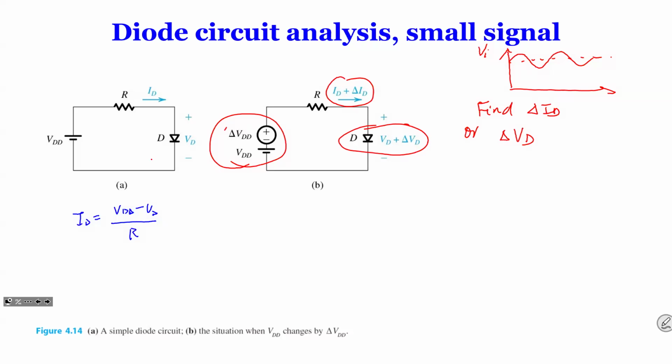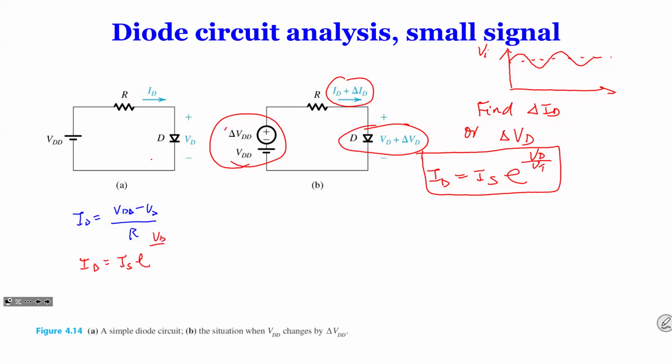You remember the diode model: we have ID equal to IS times e to the power VD over VT. So this is the voltage. In this one, you will say ID equals IS e to the VD over VT. So that's this circuit.